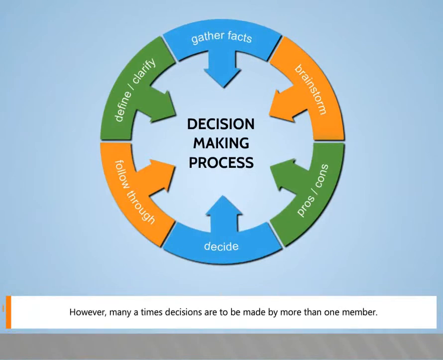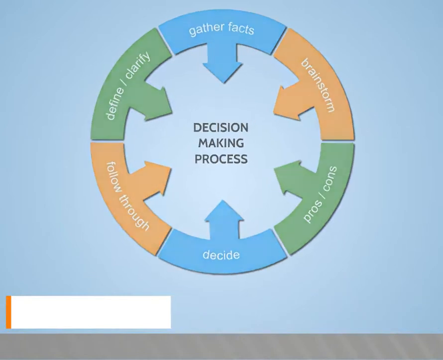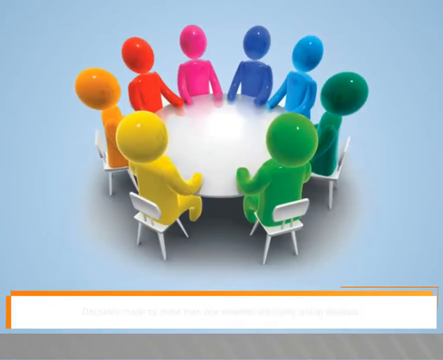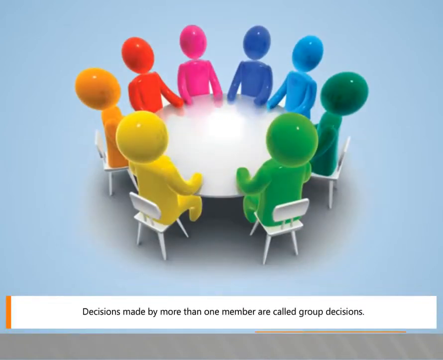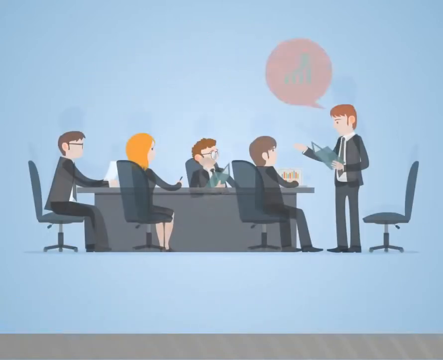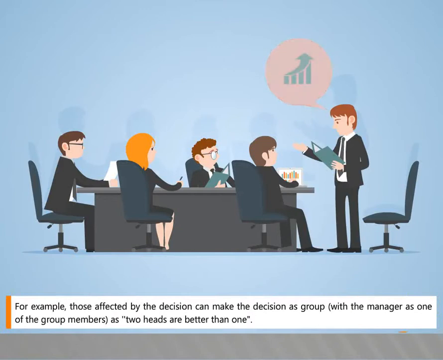However, many times decisions are to be made by more than one member. Decisions made by more than one member are called group decisions. For example, those affected by the decision can make the decision as a group, with a manager as one of the group members, as 2 heads are better than 1.